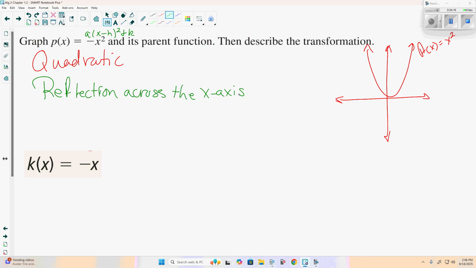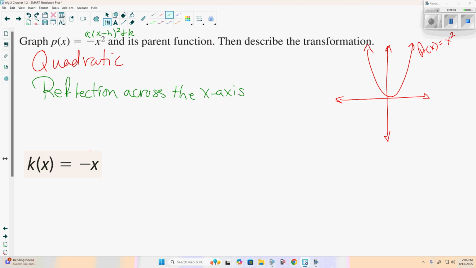Because the value in that a spot is negative, not so much the number, the value's negative, it's a reflection across the x-axis. Which means every point above the x-axis is now going to be that equal distance below.